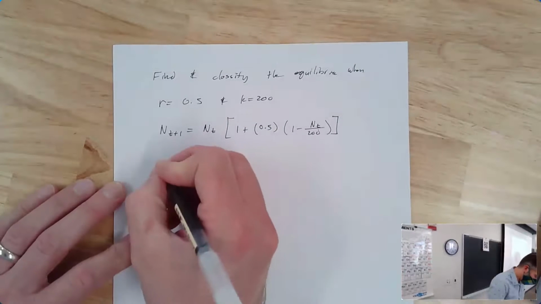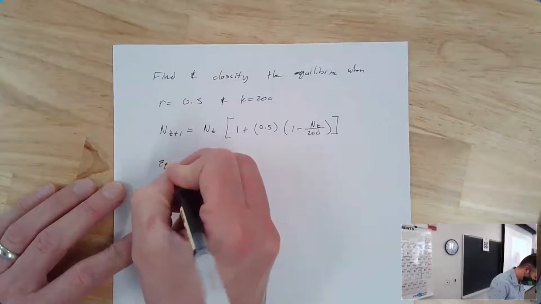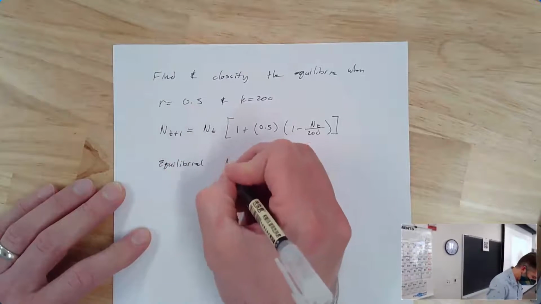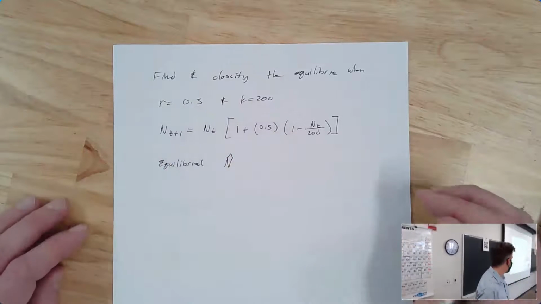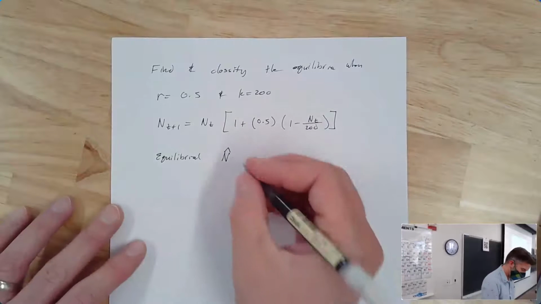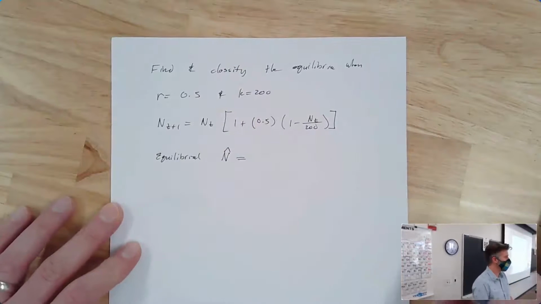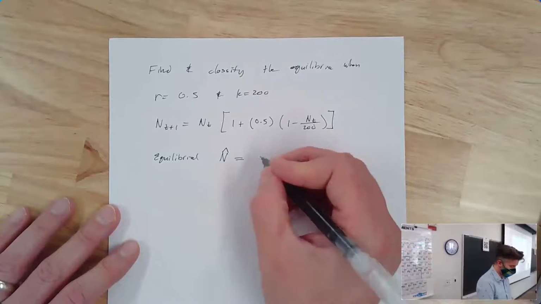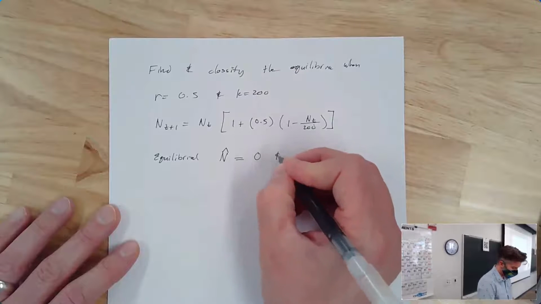The equilibria, which I'm going to call n hat. We usually call the equilibria the name of the variable with a hat. What's one of my equilibria? 0, definitely, for sure, 100%. And what's the other one?